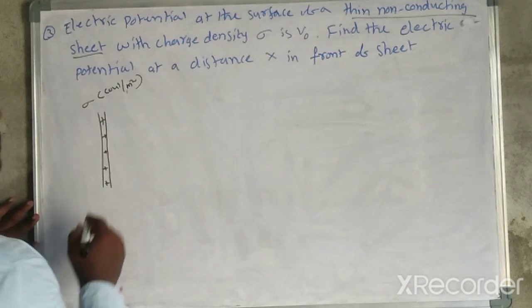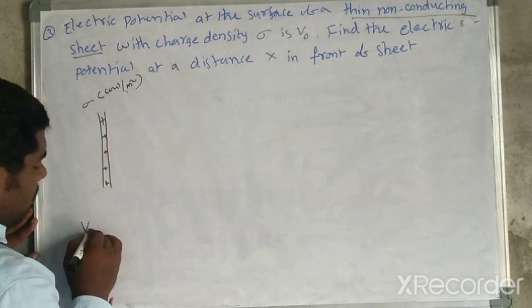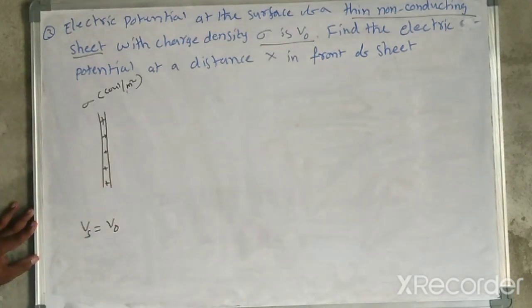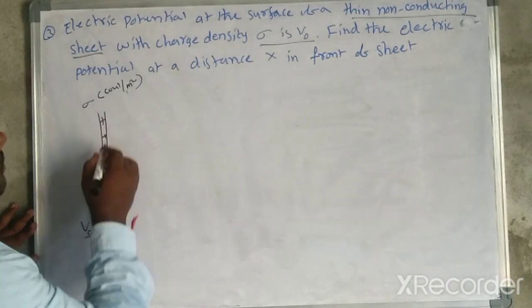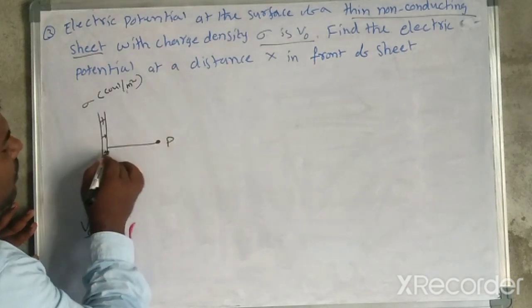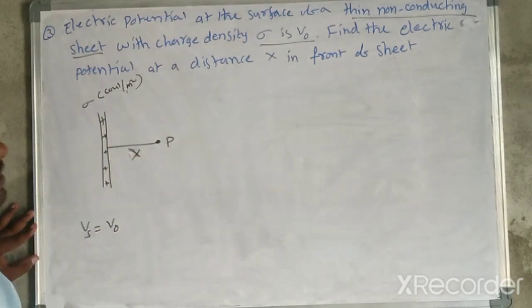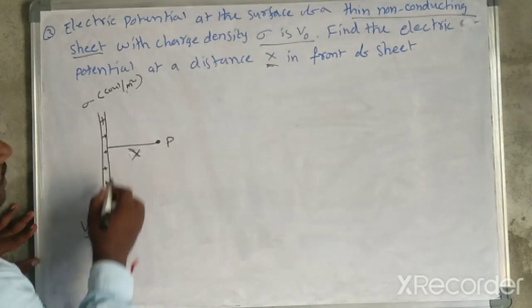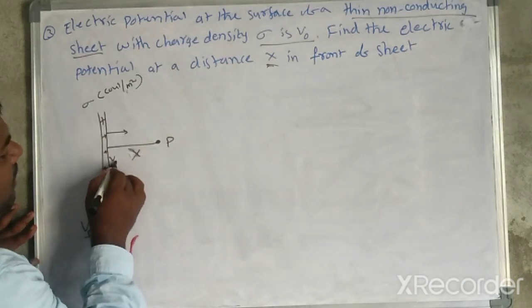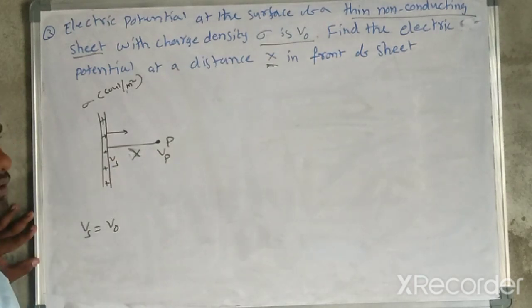Sigma is the charge density. So here the surface potential is equal to V naught. The given surface potential Vs is equal to V naught. Here this is the location point P, at distance x from the surface. Here the electric field is in this direction, here the Vs and here the potential at point P, Vp.